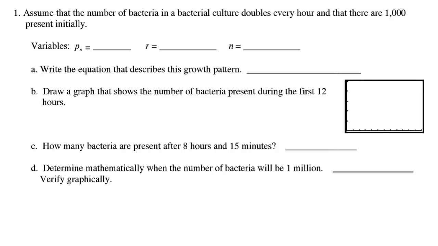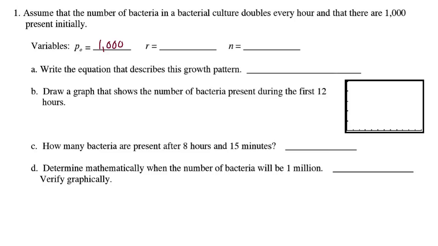Okay, our first example of a growth and decay problem. The very first example here, you need to assume that the number of bacteria in a bacterial culture doubles every hour, and that there are 1,000 bacteria present initially. So here they're asking us to fill in what our variables would be. And so our P sub 0, remember that's our initial population. Well, starting out, it said we had 1,000 bacteria present.